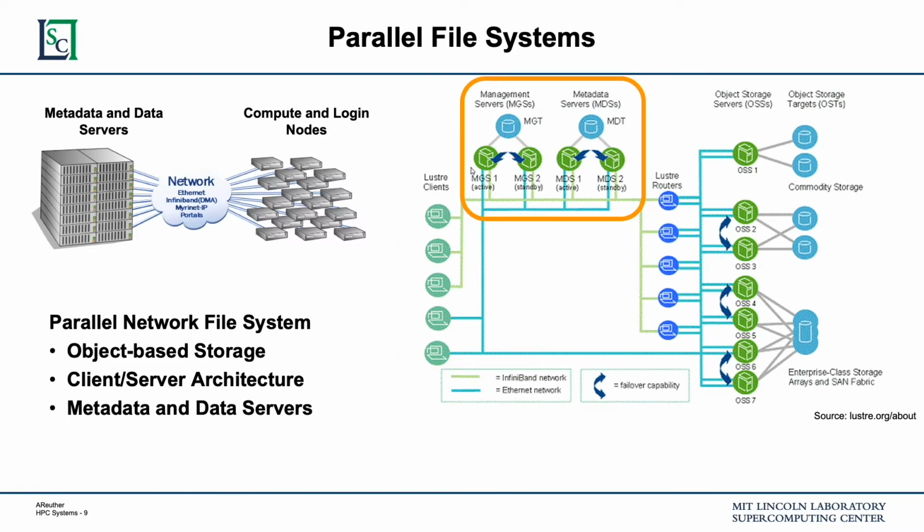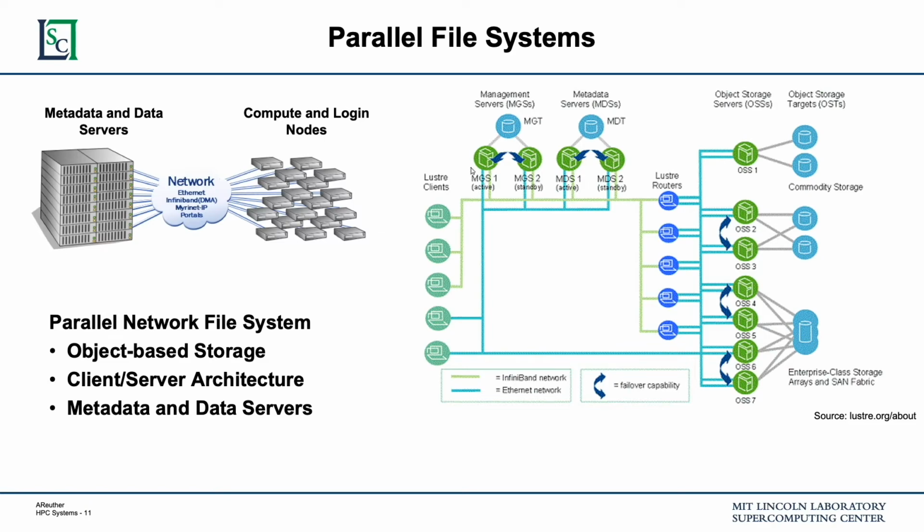And finally, the data servers or object storage servers store all of the data of the files. To deliver top performance, the data of each file is striped over multiple data servers and across many disks within the data servers.